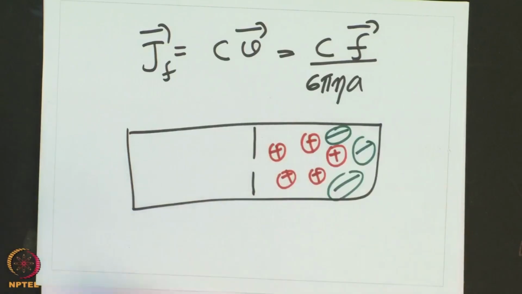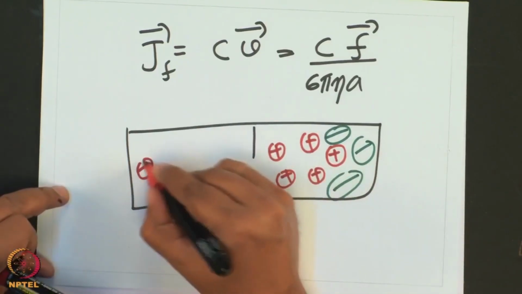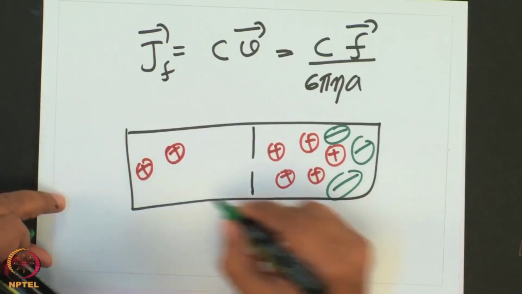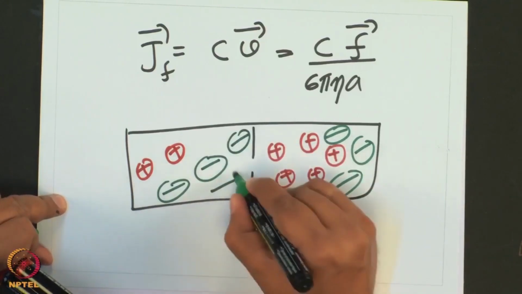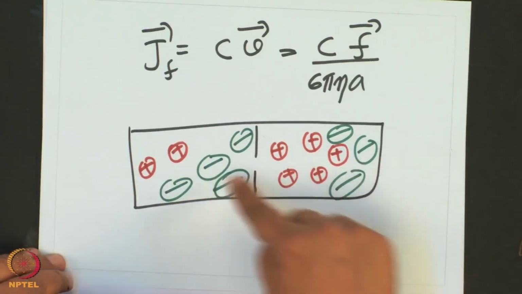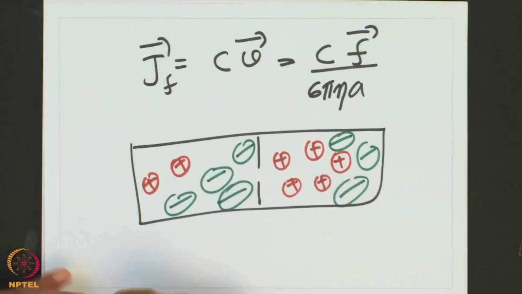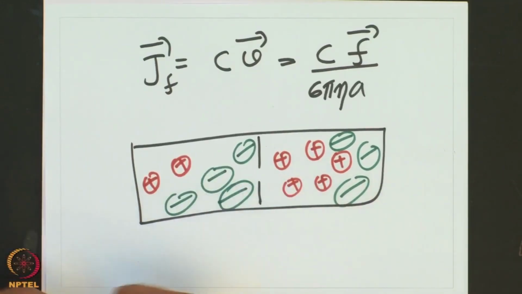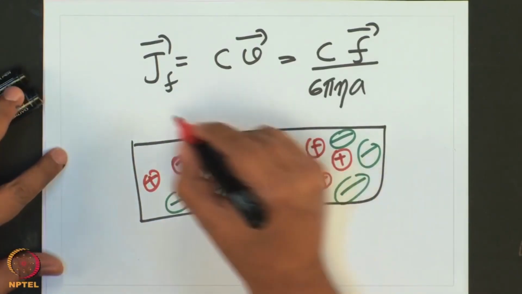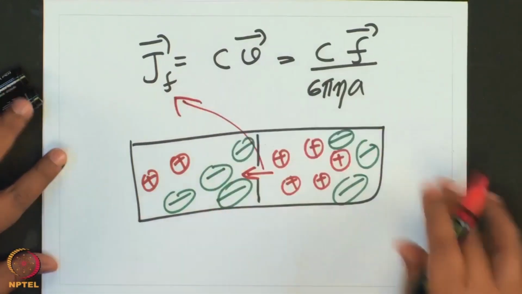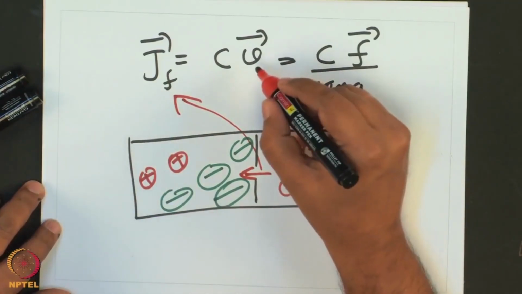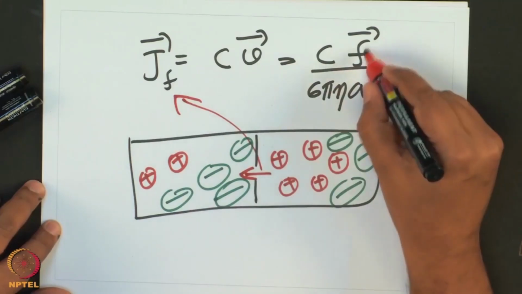This number only indicates some concentration, and there will be some other number here, which only indicates that there are more negative charges on this side and more positive charges on this side, and these positive ions will be pulled in this direction. That flow is JF. This flow will be C, the concentration at this side, times the velocity, and the velocity will depend on the force.